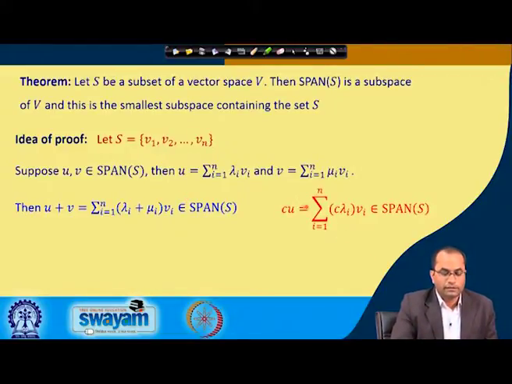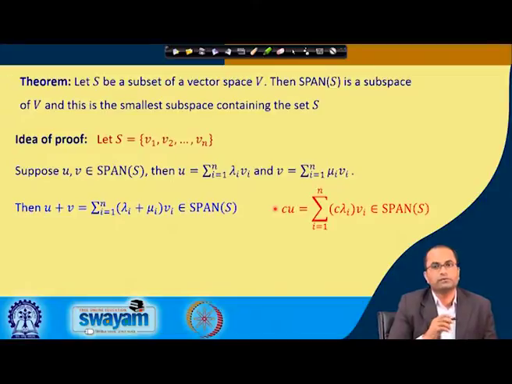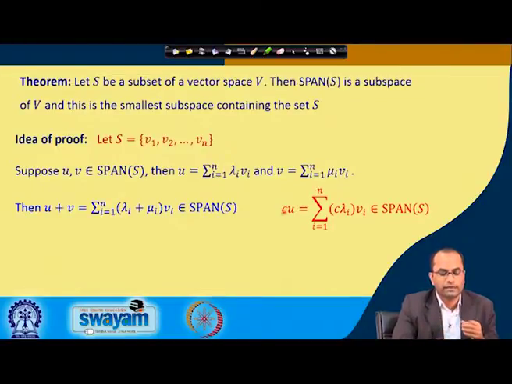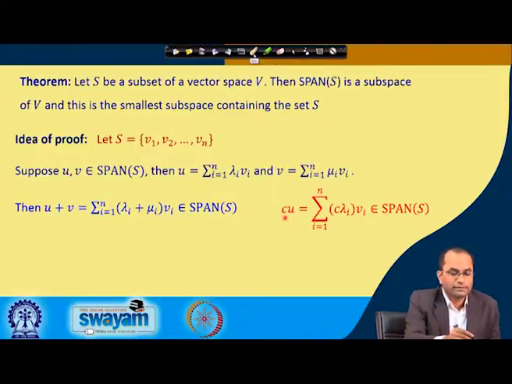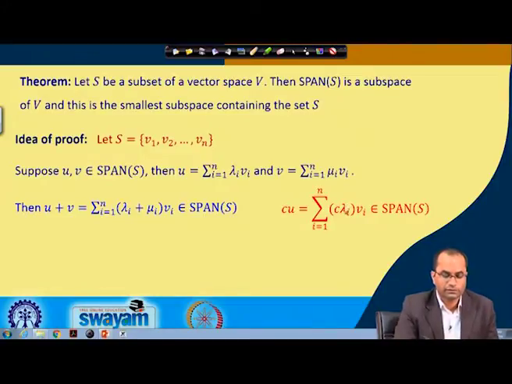Another property, the closure property we check, is multiplication by any scalar. Here we have taken c as a scalar. If we multiply this c to the vector u, what will we get?